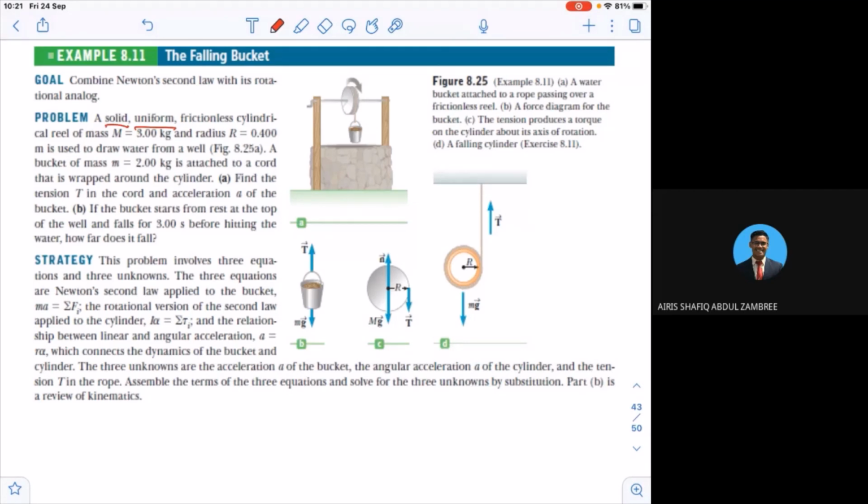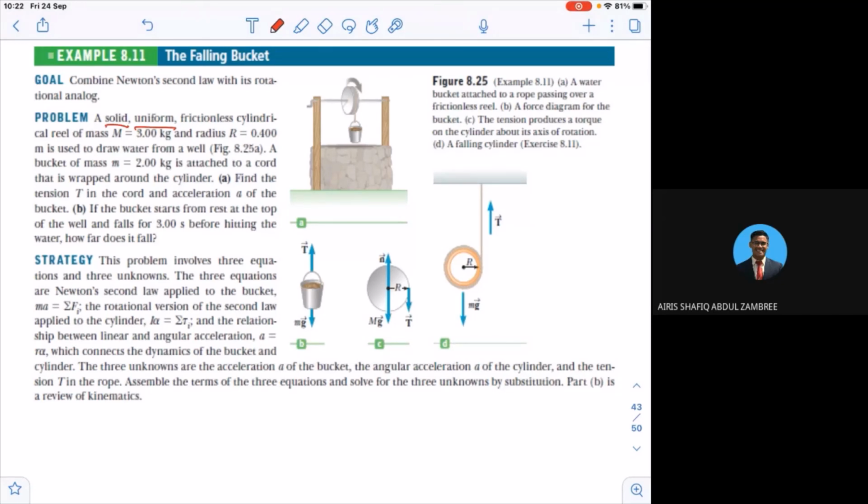Solid means it doesn't have a hollow inside the reel, it is full of solid material. A bucket of mass 2 kilograms is attached to a cord that is wrapped around the cylinder. Find the tension T in the cord and the acceleration a of the bucket.